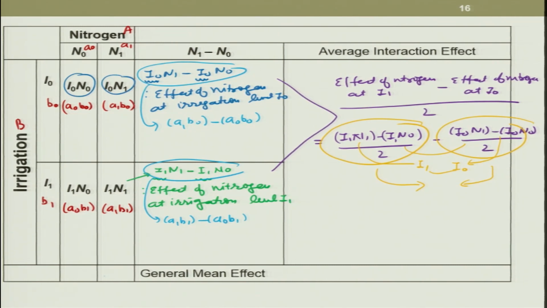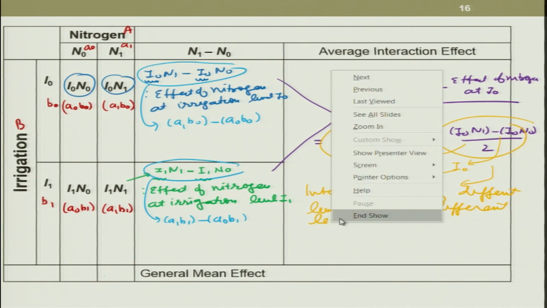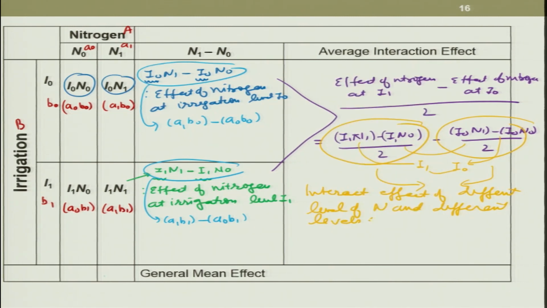So, essentially they give us the effect of nitrogen as well as irrigation in the outcome. So, we can call this an interaction effect of different levels of N and different levels of irrigation. So, this is measuring the interaction effect.